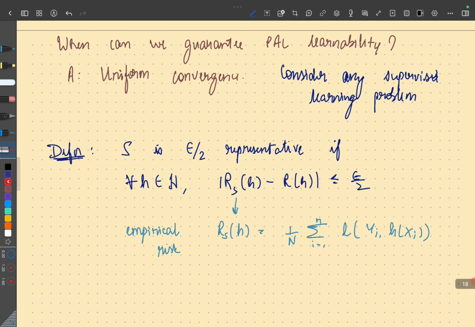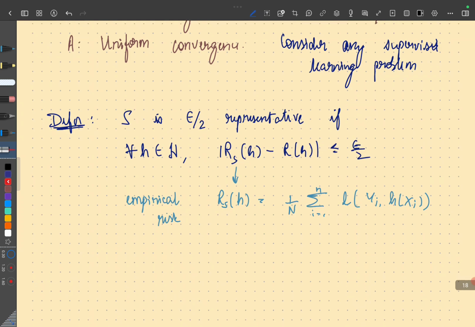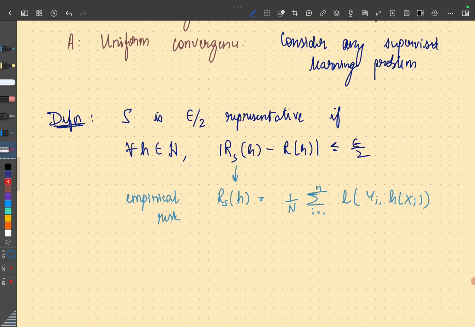So the average loss within this particular data set is close to the generalization error, which is the loss on an independent and identically distributed sample. So a particular data set is said to be epsilon by 2 representative if the empirical risk is epsilon by 2 close to the actual risk, and this happens for every single hypothesis within your hypothesis class.